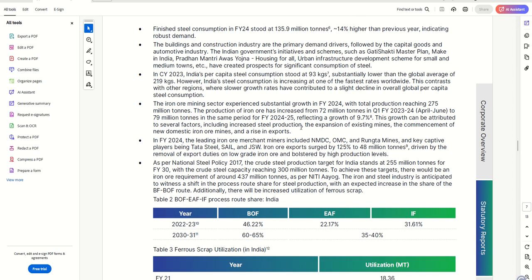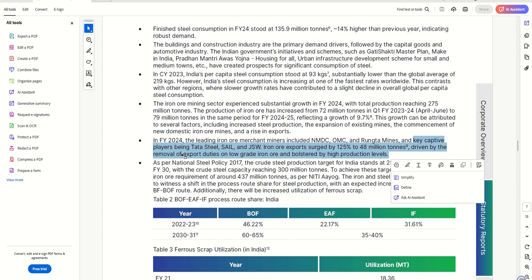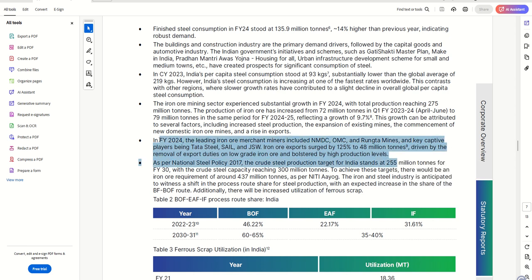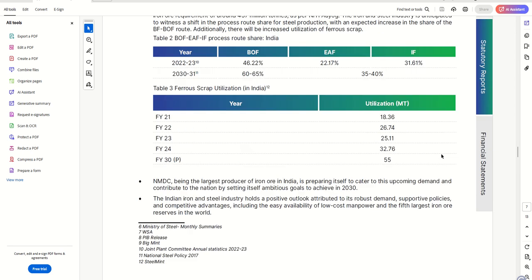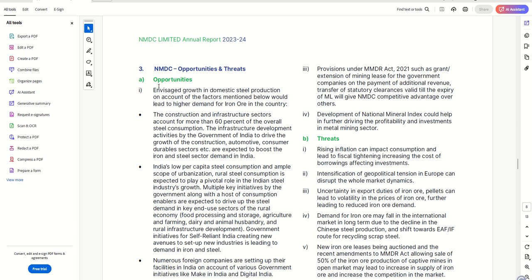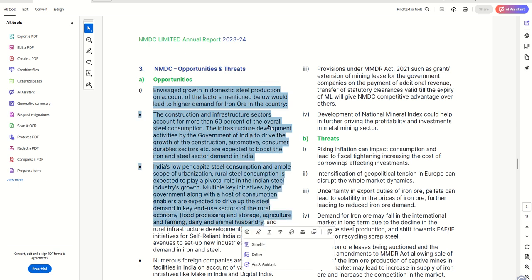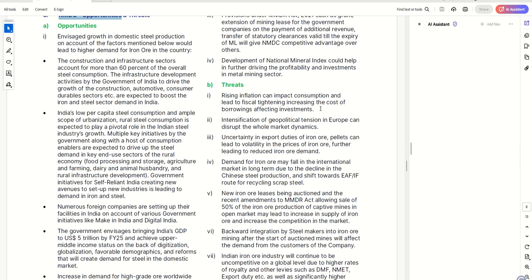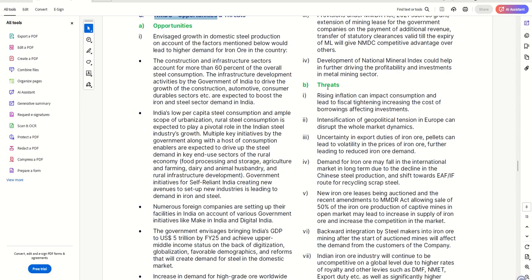One thing you can see here is they talk about the competition. Like key players like Tata Steel, SAIL, and JSW, export surge and so on, driven by removal of export duties. They are touching upon what their competition is doing. Now comes the opportunities and threats. What are the opportunities which can come in the sector and how NMDC can use them, and what are the threats?